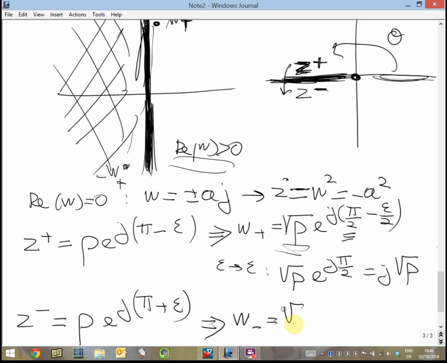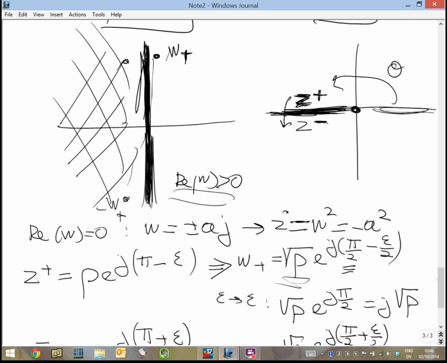Well, let's try the obvious thing first. Square root of rho exponential j pi over 2 plus epsilon over 2. Where does this point W lie in the W plane? It has a certain angle, which is roughly pi over 2, but pi over 2 plus a small number.